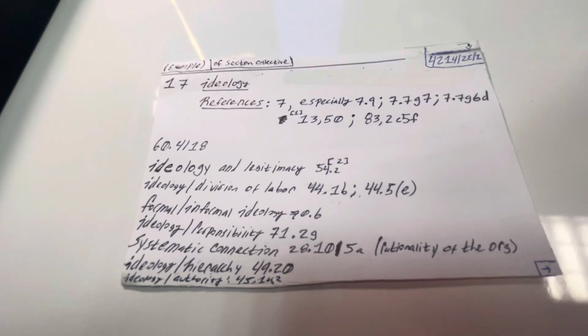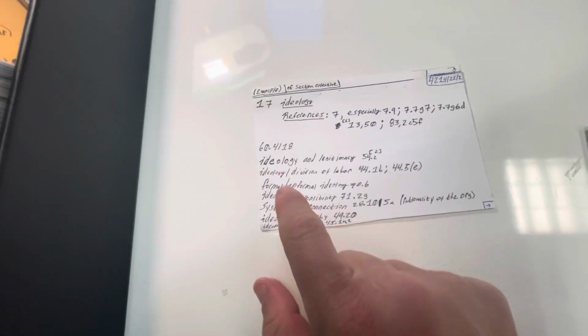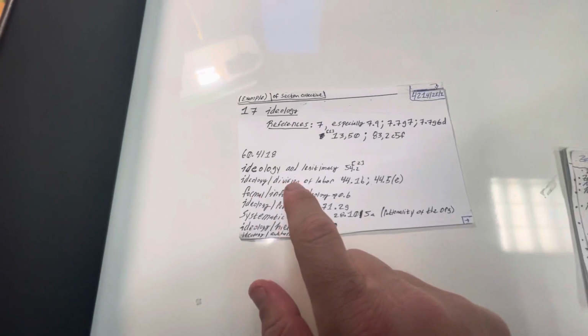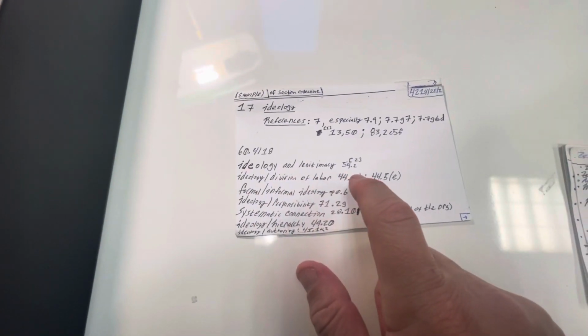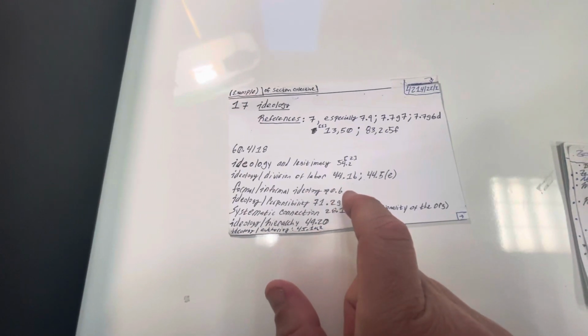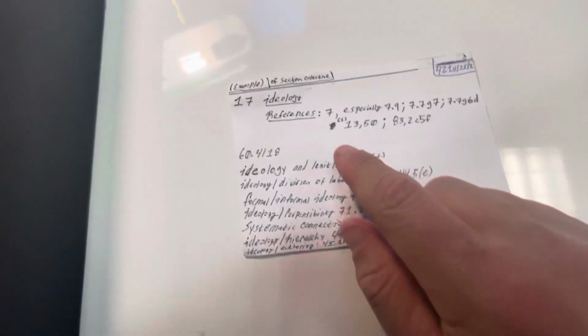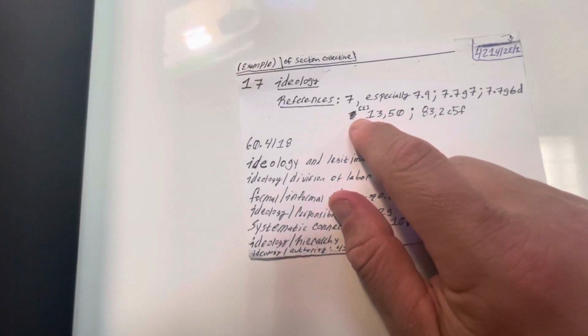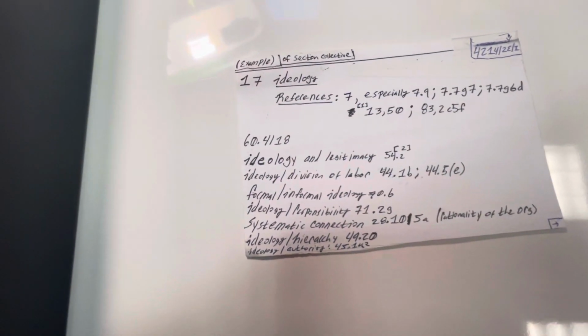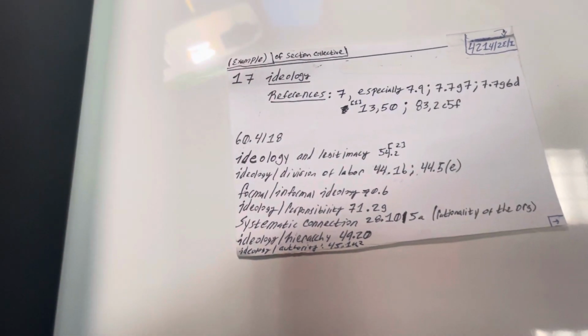Then down here he has a list of other collectives, like ideology and legitimacy, C54.2, ideology and division of labor, 44.16, 44.5 E. And notice one thing here: this is an actual mistake. Luhmann made a mistake. He didn't erase it, he just scratched it out and was fine with it.